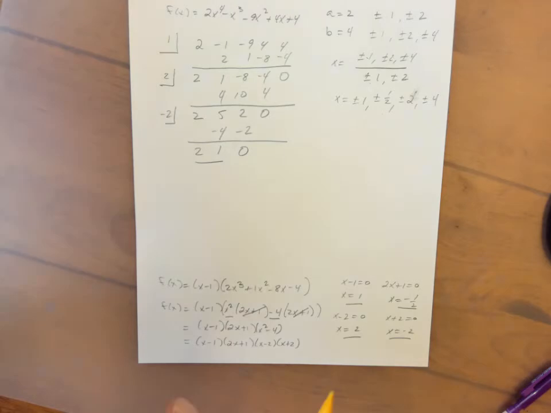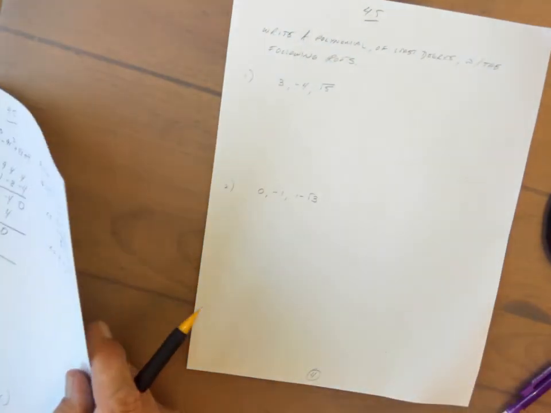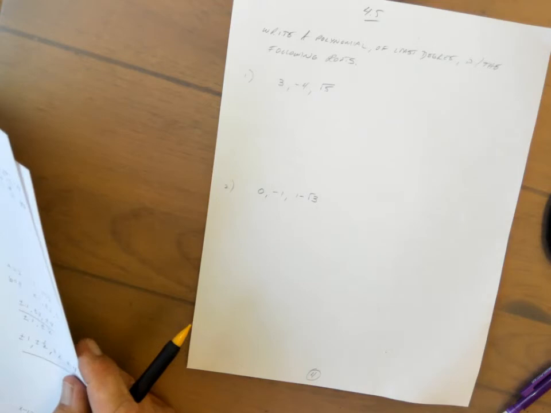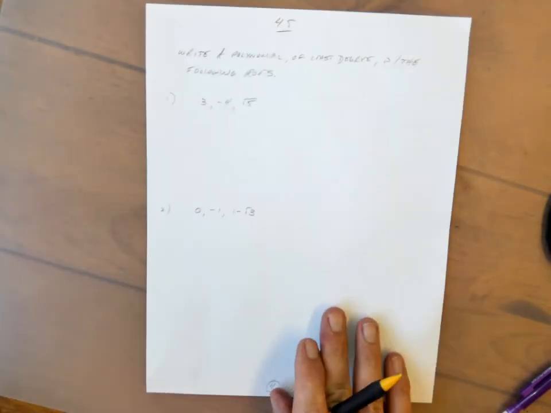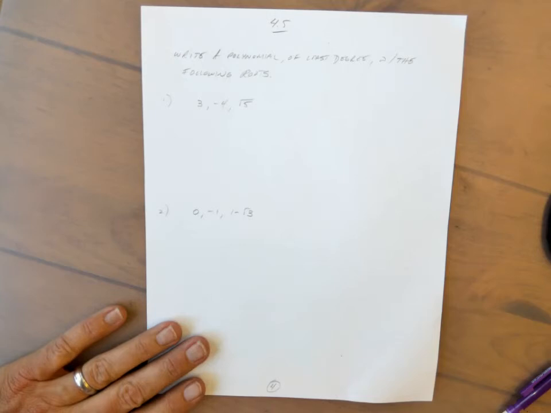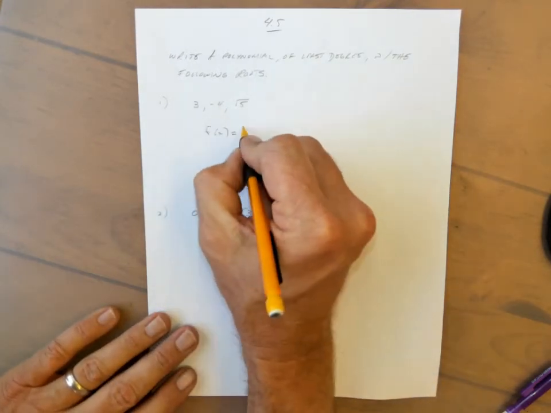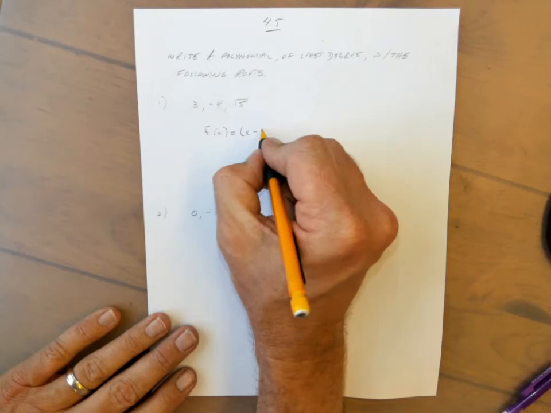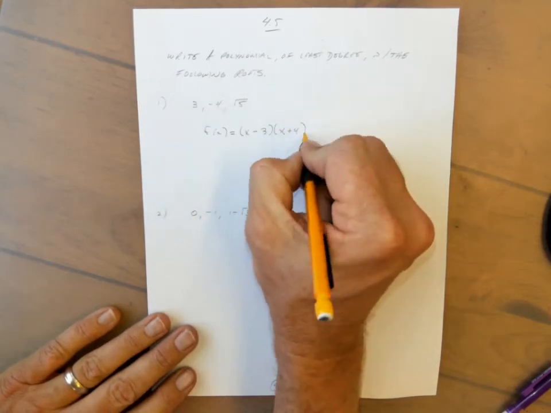Okay, let's look at a problem where we are given some roots and they are asking us to write down a polynomial of least degree. So we know that our polynomial will be written in the form x minus the root, so we have x minus 3, then x minus negative 4, which is x plus 4.